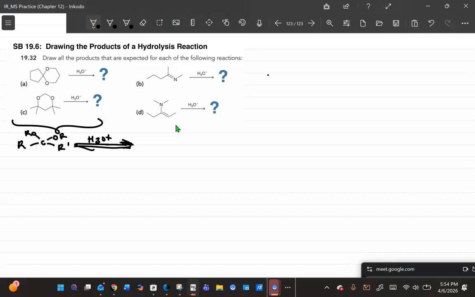I'm wondering why they're using a one-way arrow. That's a felony. I would cut out this, and the carbon that had those two alcohols will go. So I'll get that, and then I'll get my ROH.